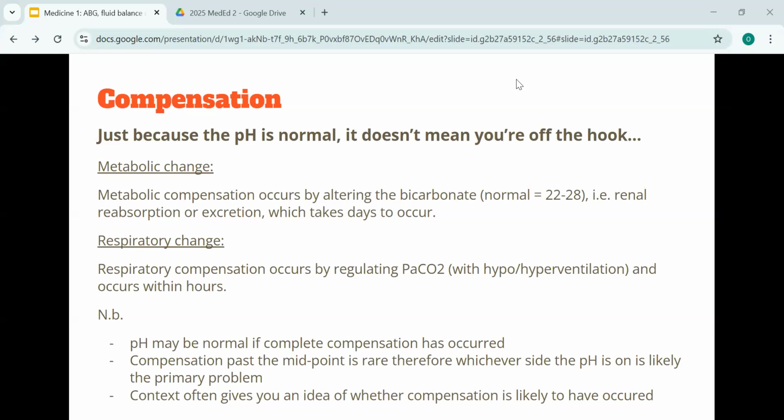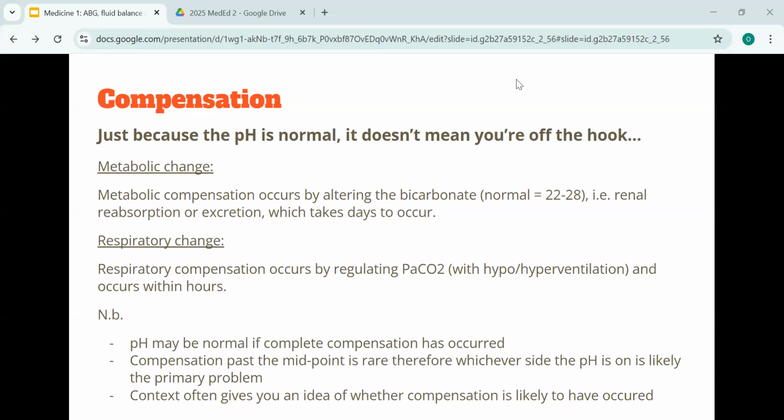So complete compensation occurs when the body is able to counteract whatever imbalance we've got, such that the pH returns to normal. However, it should be clear by looking at the other values that something's off and compensation must have occurred. A tip for exams and interpreting blood gases where the values are not normal, but our pH is within the normal range, is that compensation rarely pushes the acid-base balance past the midpoint.